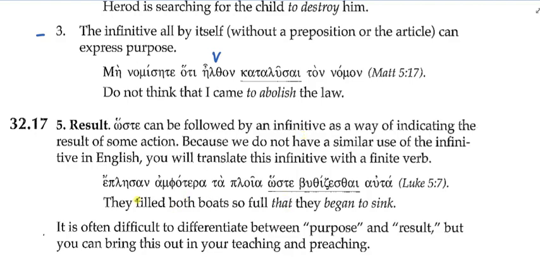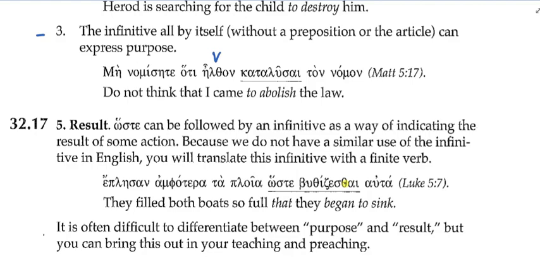Luke 5:7, eplesan amphatera taploia. They filled both boats. That's what it's saying. They filled both of the boats. And then I have hoste buthidzestai alta, so that they began to sink. Now, did they fill the boats in order for the boats to sink? Was that their intended purpose?